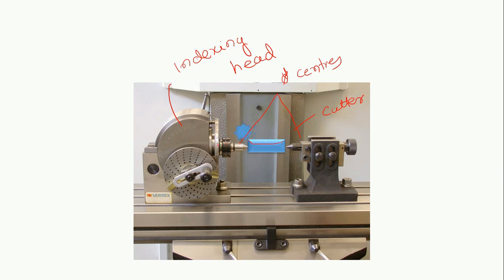Then with the help of the indexing mechanism, we have to rotate the job by an equal distance, the same as the pitch. For this rotation, we have to use this indexing crank, and for this we are also using the index plate.